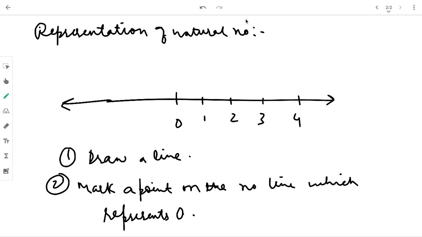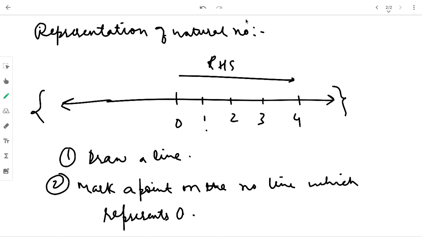Next, on the right hand side of the 0, mark points at equal intervals of length as shown below. So on the right hand side, we have to write successive integers.